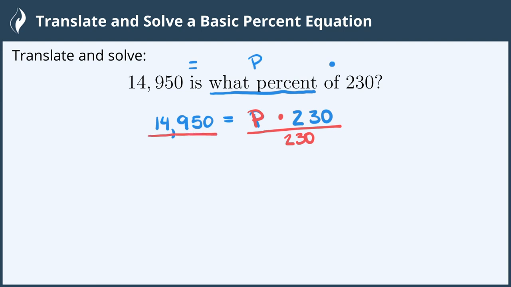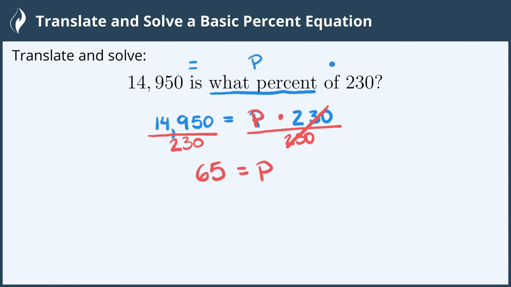You have to do it on the other side of the equation to keep it balanced. 230 divided by 230 is 1, or cancels out, leaving us with P. And then 14,950 divided by 230 in my calculator gives me 65.